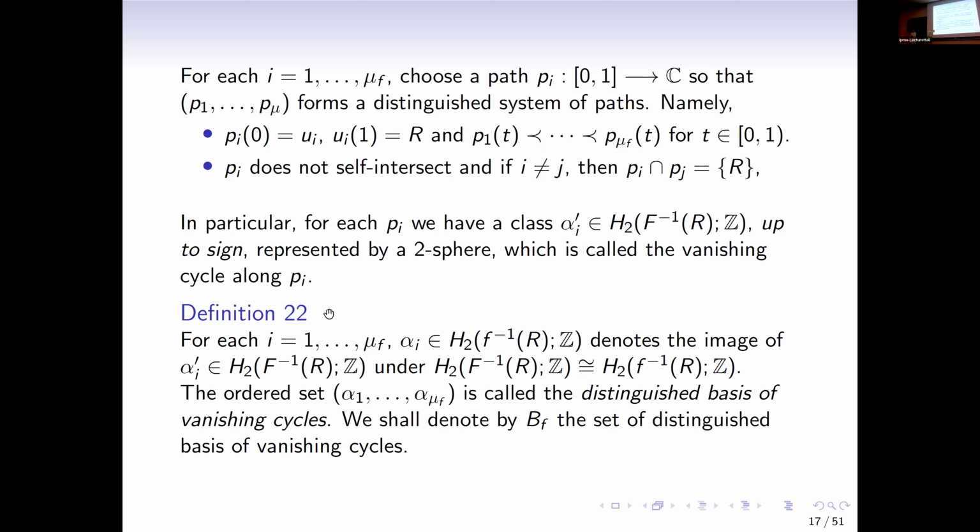Then, according to the previous ordering, we can consider the ordered set of the vanishing cycles, which is called the distinguished basis of vanishing cycles. And as I said before, this is defined up to sign, depending on the choice of these paths.